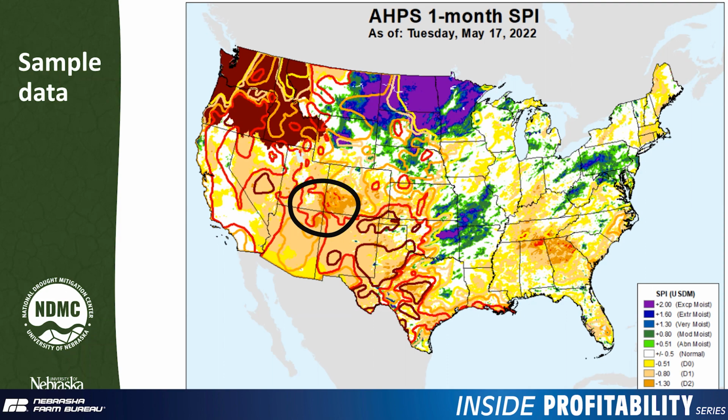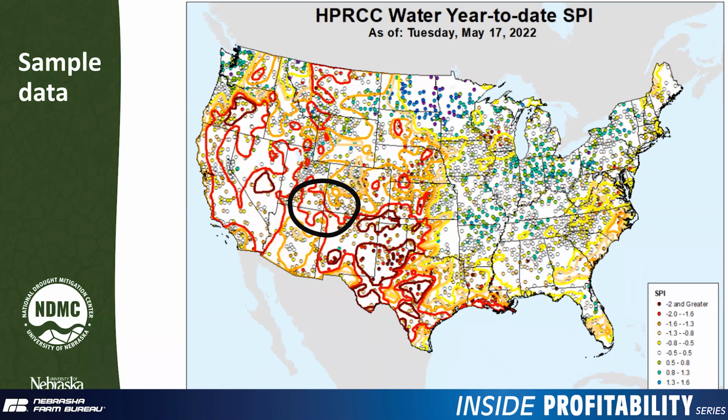So this is a 30-day period, but we can look at water year, calendar year, multiple years, multiple months, multiple weeks. So it's not just one time frame either. And we can see, is this a short-term drought? Is it a long-term drought? Is it both? Maybe it's getting better in the short term, but long-term, we still have no stream flow or low groundwater.